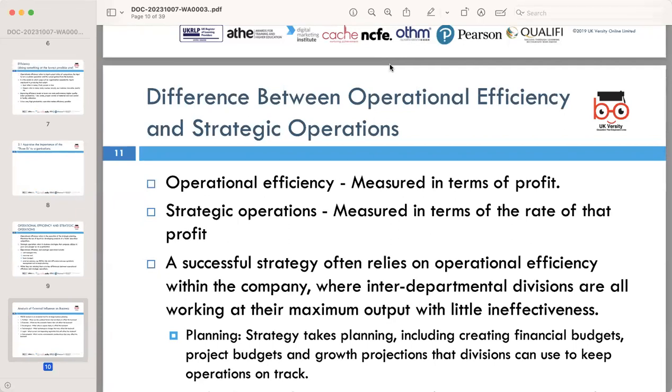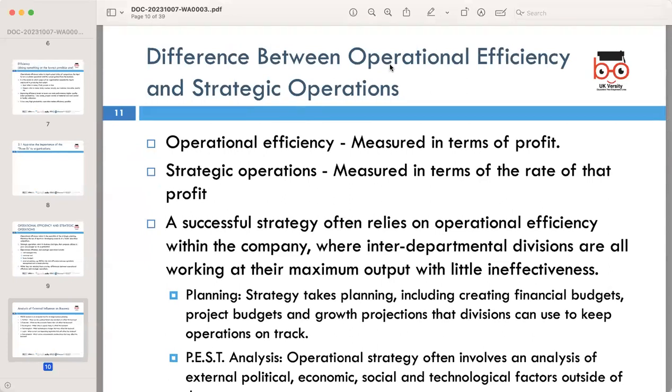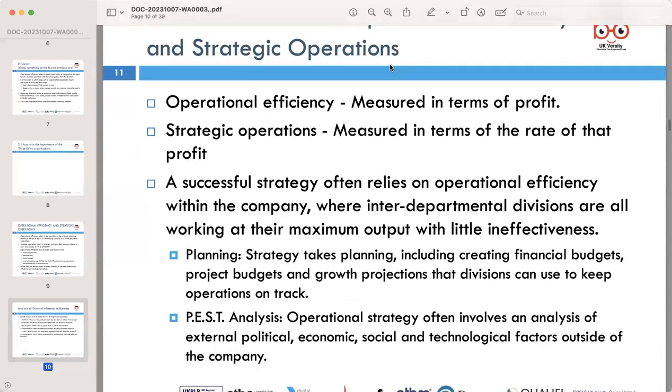Okay. So the difference between operational efficiency and strategic operations: operational efficiency measures in terms of profit, strategic operation measures in terms of the rate of that profit. Successful strategy often relies on operational efficiency within the company, where interdepartmental divisions are all working at their maximum output.